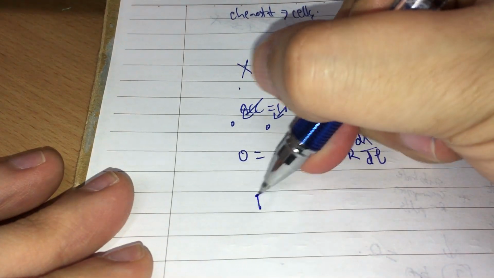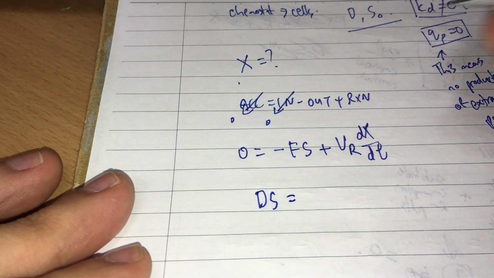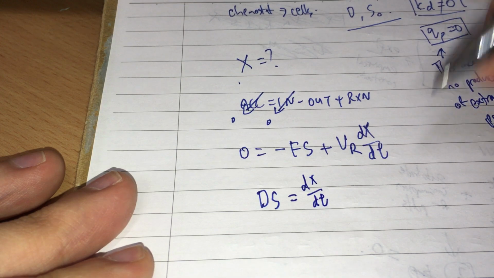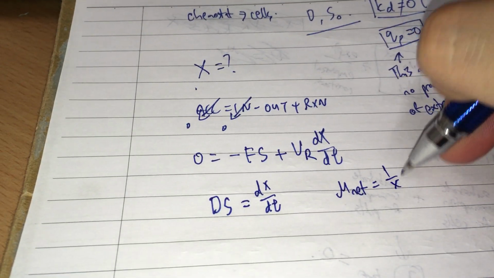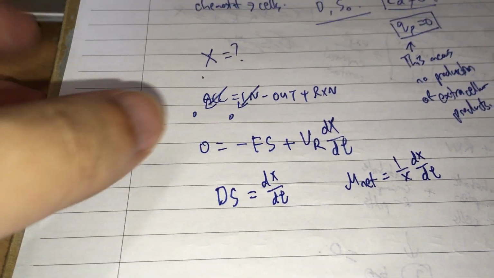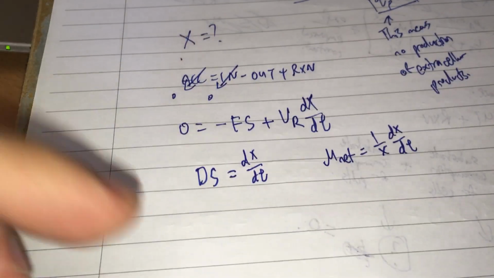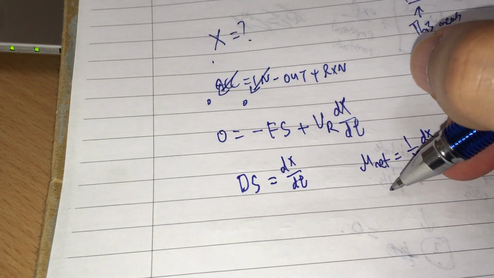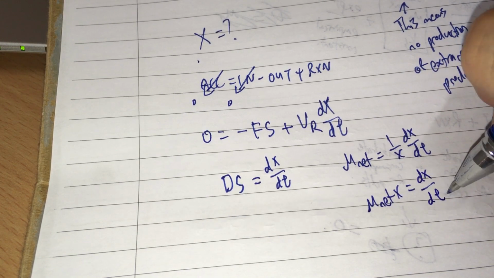And then we can just simply write it that D X equals dx dt, because we have already derived what D is. And mu net equals 1 over x dx dt, as we've explored in our last two videos. These are some exponential growth kinetics. So mu net equals 1 over x dx dt, and mu net x equals dx dt.